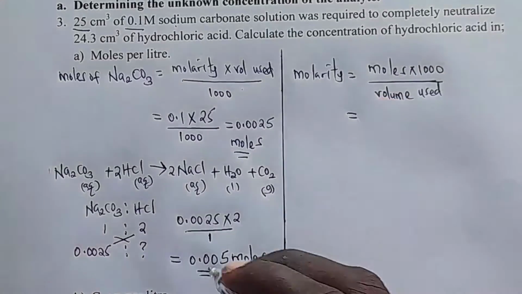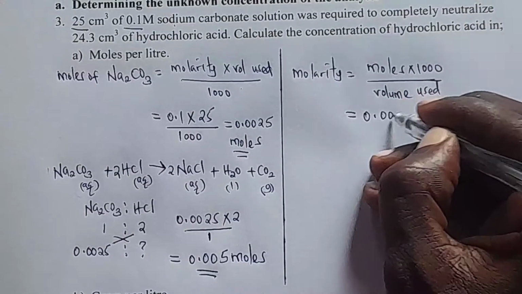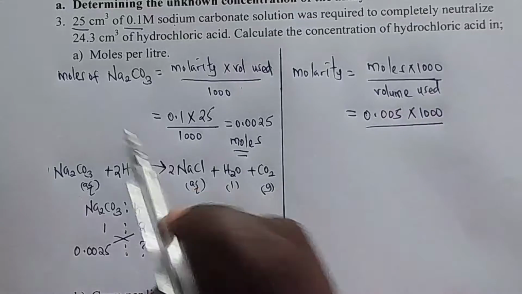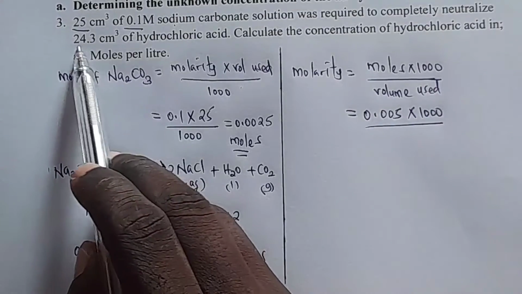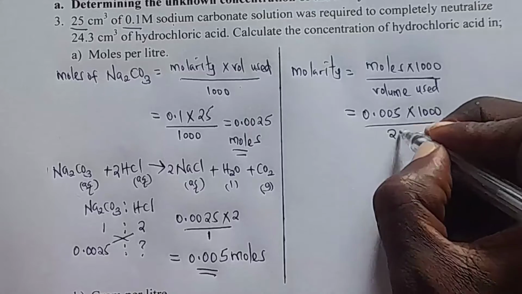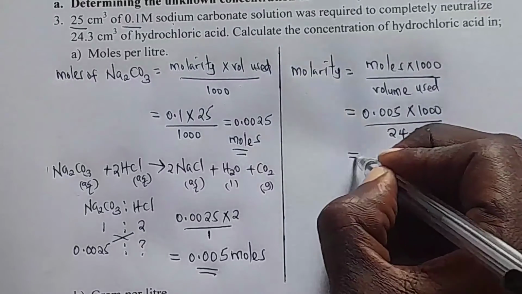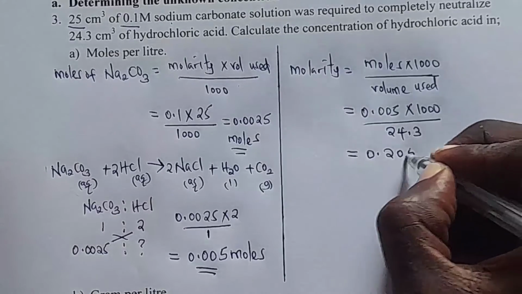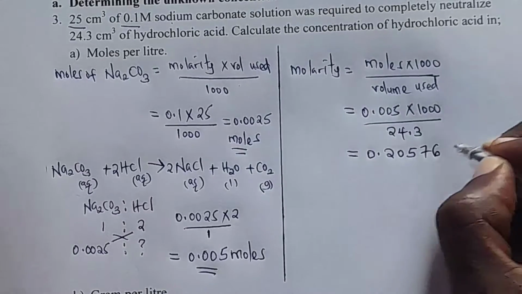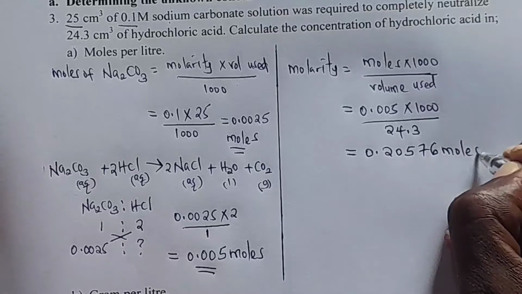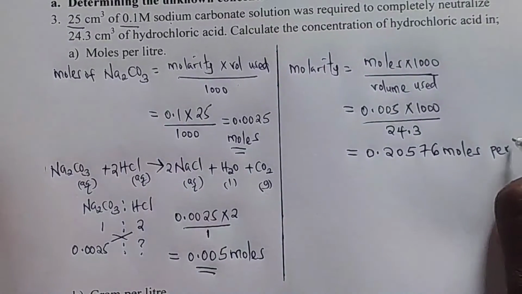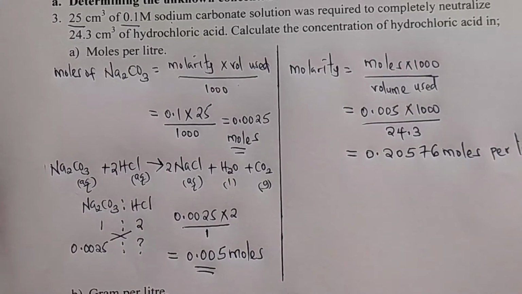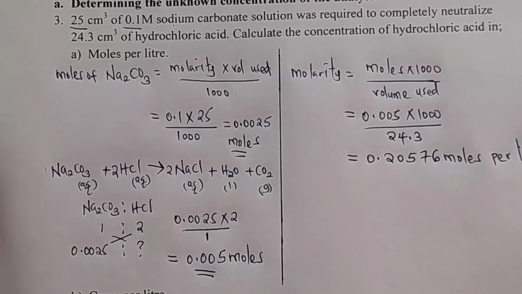Our moles of hydrochloric acid is 0.005 multiplied by 1000, divided by the volume used. The volume of the hydrochloric acid is given as 24.3. So here we are going to get 0.20576 moles per liter. That will be the concentration of hydrochloric acid in moles per liter.